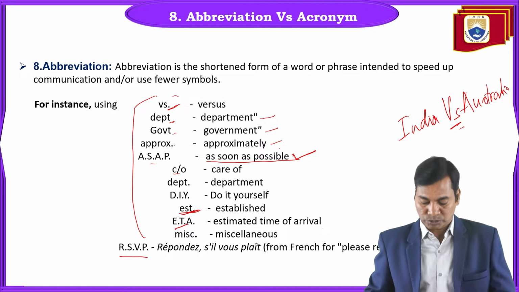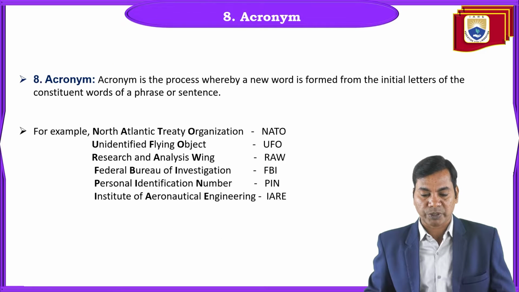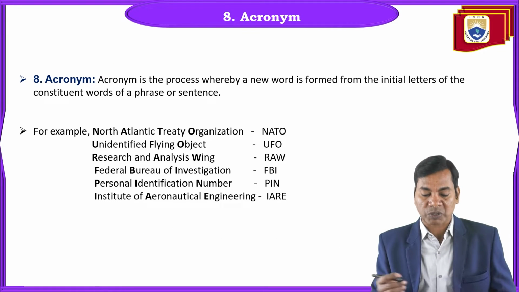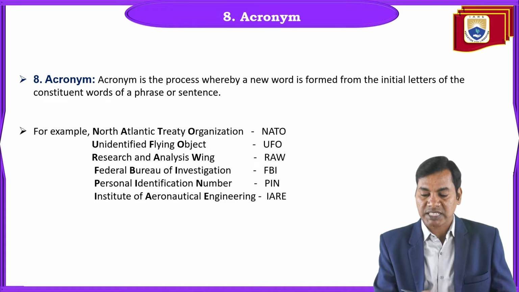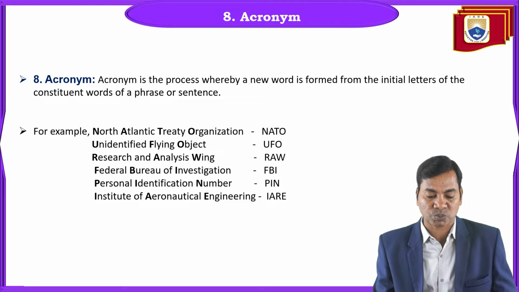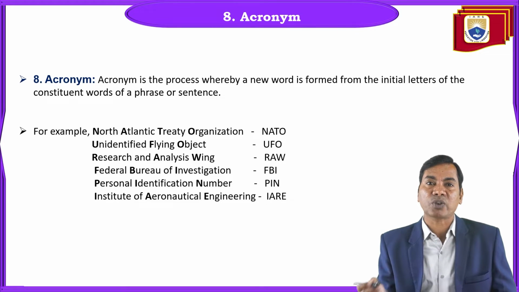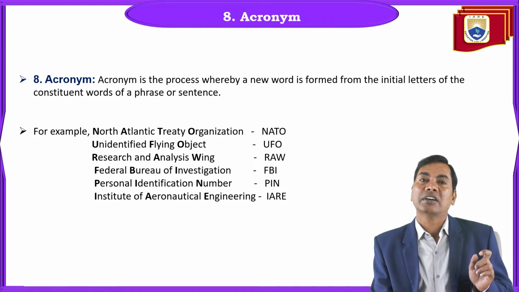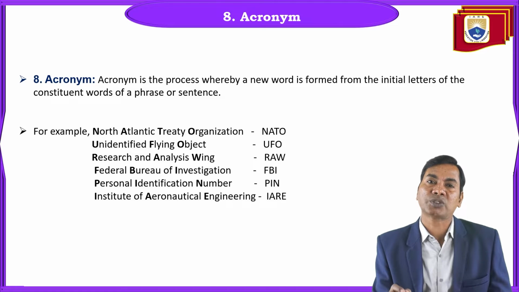Now let's move on to the next one: acronym. What is an acronym? An acronym is the process whereby a new word is formed from the initial letters of the constituent words of a phrase or sentence. So an acronym is a word, right? Acronyms are formed from the initial letter of each word.